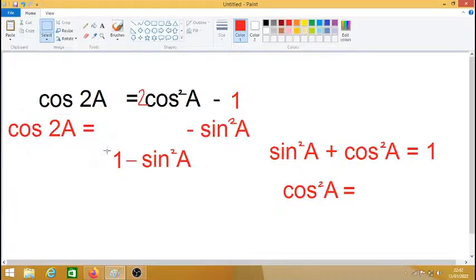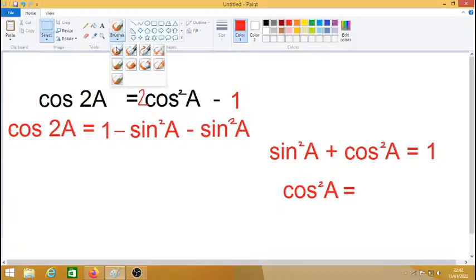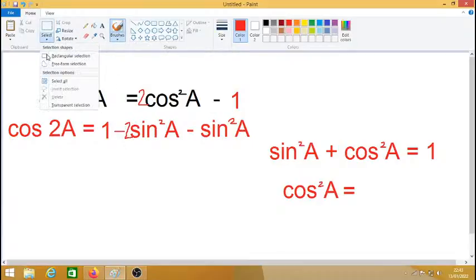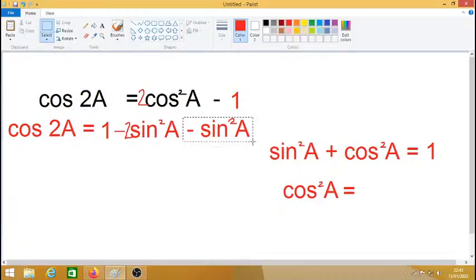See if you can figure out what's going to happen. So now you've got minus sine squared a twice, which makes 1 minus 2 sine squared a. And that's the third version of the formula.